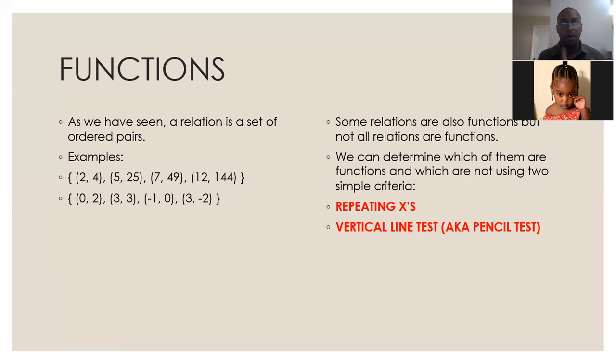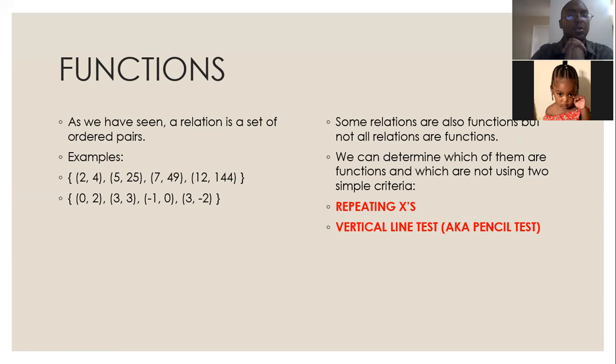So some are and some aren't. How do we figure out if they are functions or if they aren't? Well, we have two pretty easy tests to tell us that, and it depends on whether we have a graph or not.